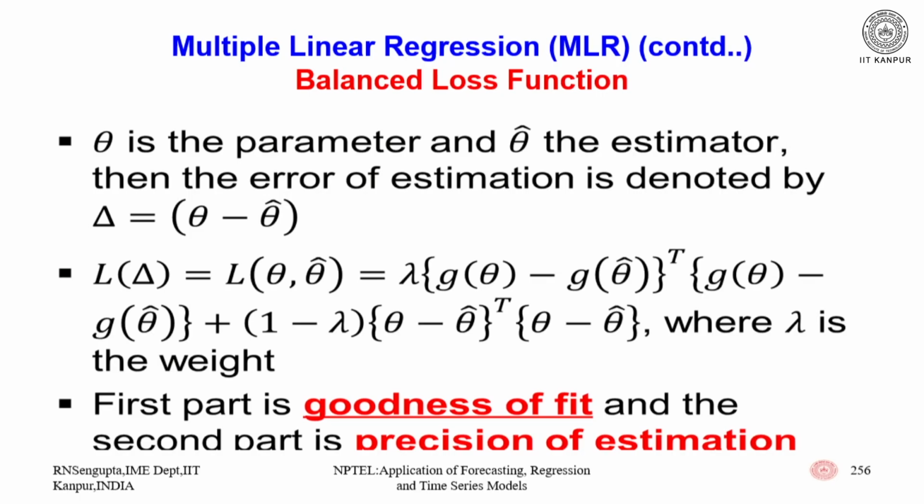The concept of precision of estimation has to do with trying to find the beta values. And goodness of fit is in the subsequent stage: once you have found beta, you will utilize those beta values in order to find y hat, and that would be considered the goodness of fit. So, theta is the word I am using very generally, whether you want to find the parameters, whether beta or y. Now, if theta is the parameter, then obviously there is a corresponding estimate, which is theta hat.